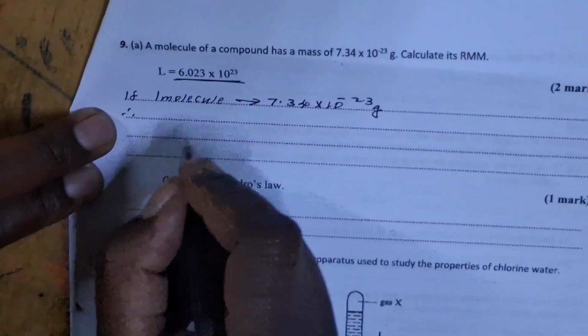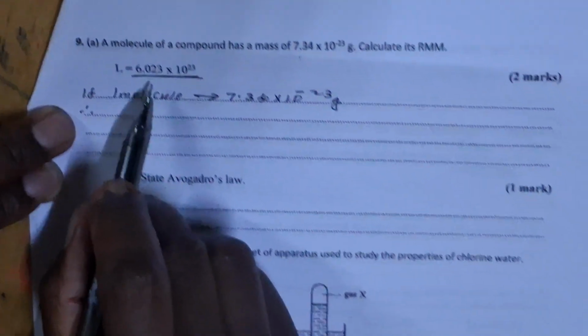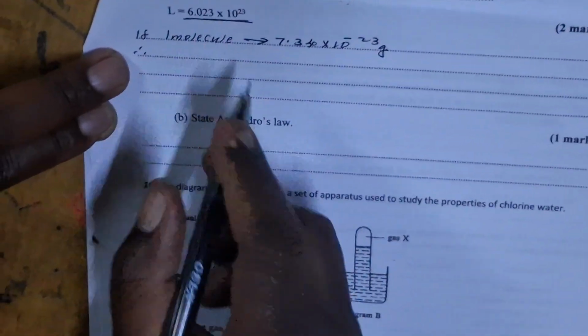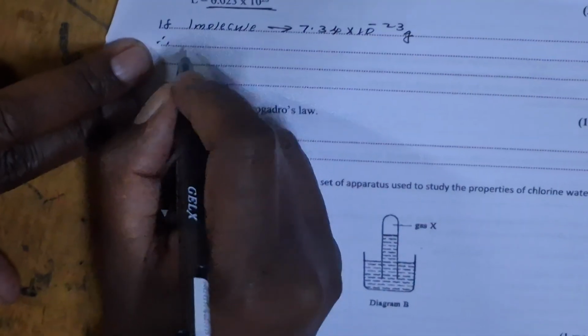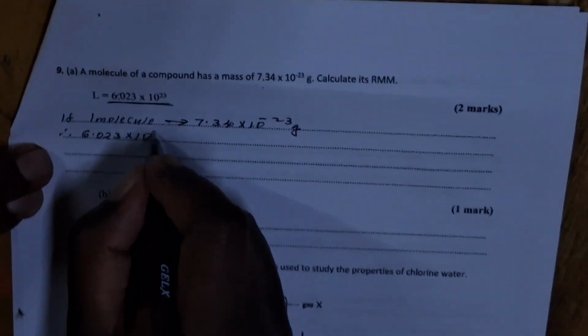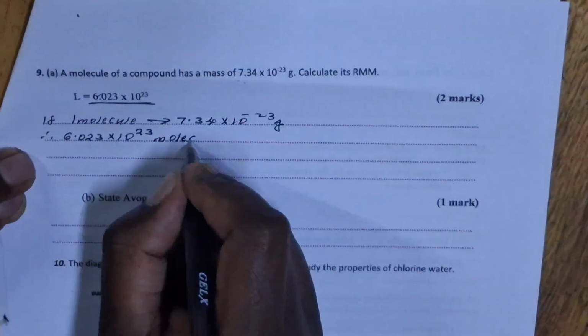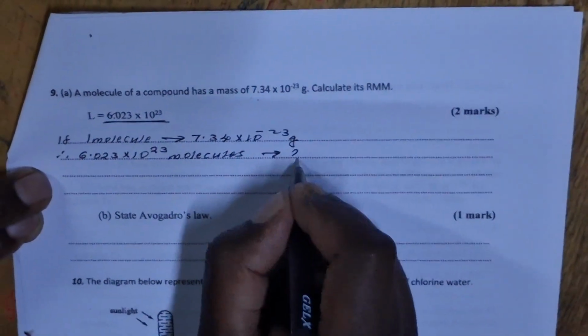Therefore, the number of molecules which are present in 1 mole of that compound, 6.023 times 10 raised to the power of 23 molecules, will be what mass?